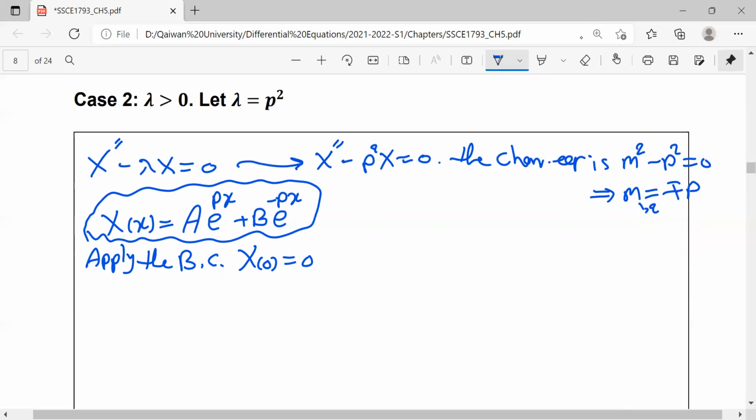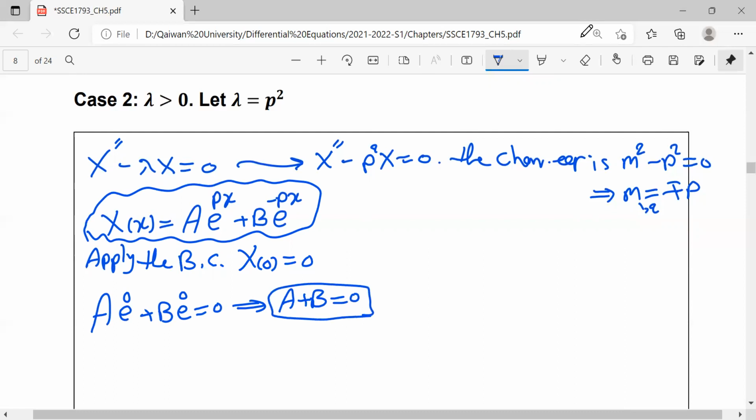If you replace each x by 0, we get a e to the power 0, because p times 0 is 0, plus b e to the power 0 equals 0. And so we get that a plus b equals 0. This is for the first boundary condition.